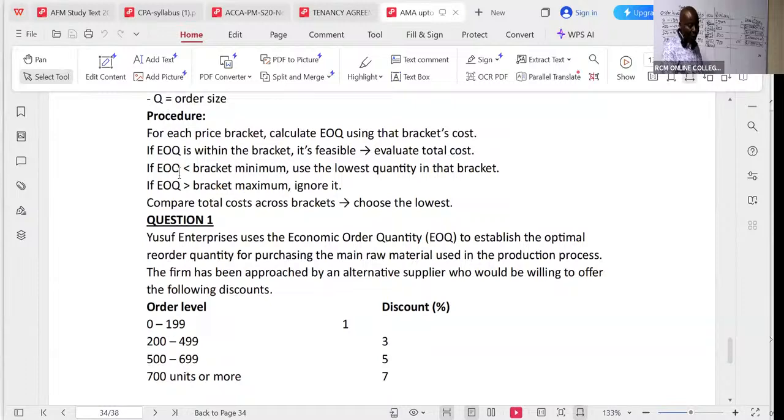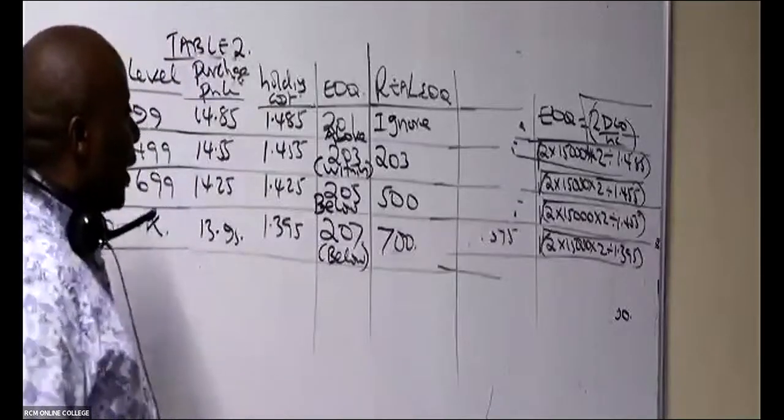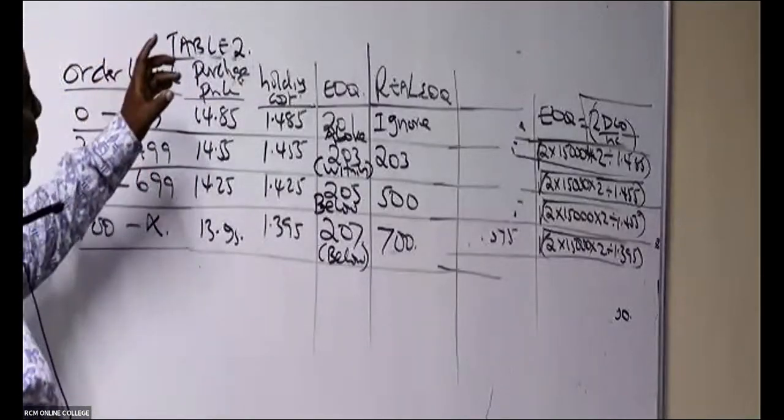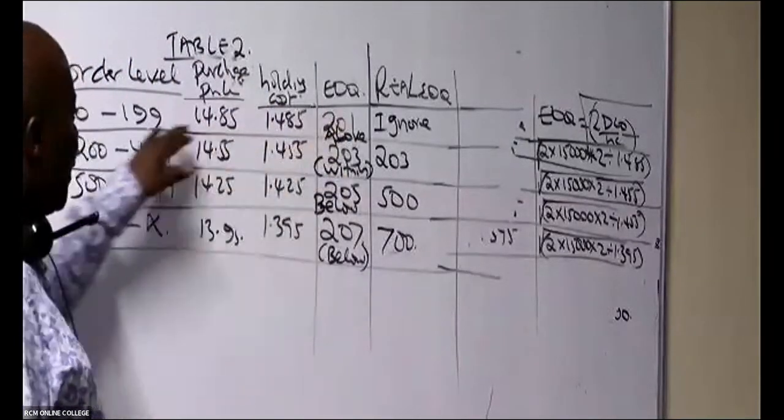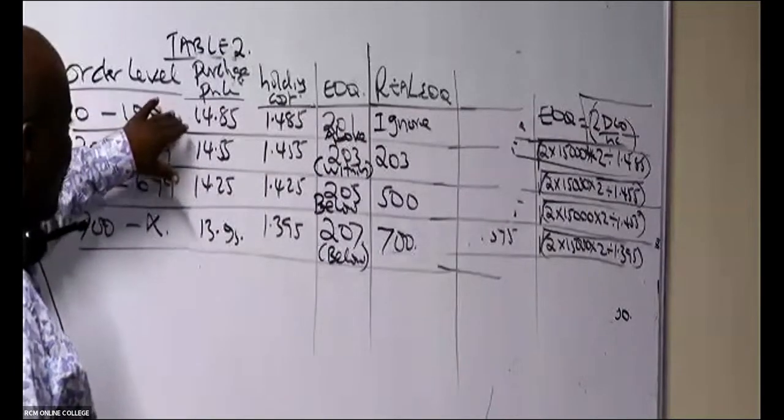If EOQ is less than the bracket minimum, use the lowest quantity in that bracket. If EOQ is more than the bracket maximum, ignore it. And that is what we have done here: the 201 we computed is above, it's more than this class.